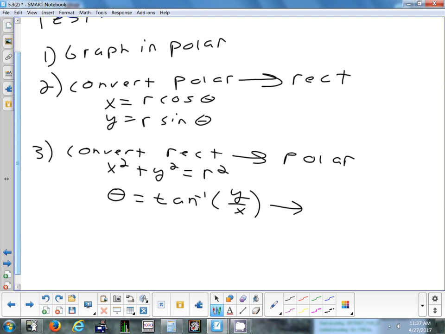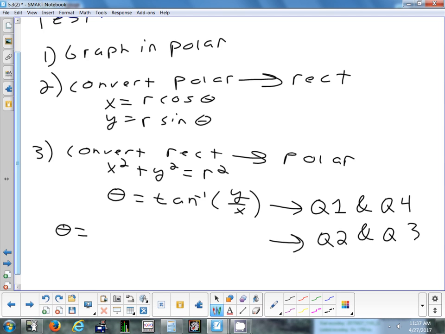And that'll work as long as you're in what quadrants? 1 and 4. Quadrant 1, quadrant 4. If you're in quadrants 2 or 3, what do you have to do to adjust that a little bit? You have to add 180 if you're in degrees.